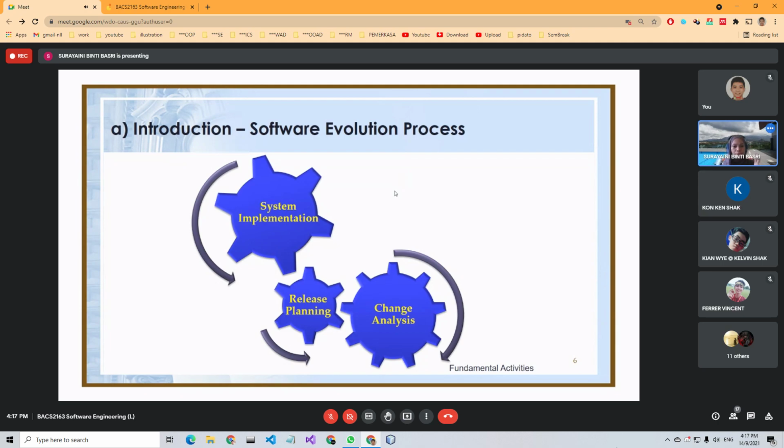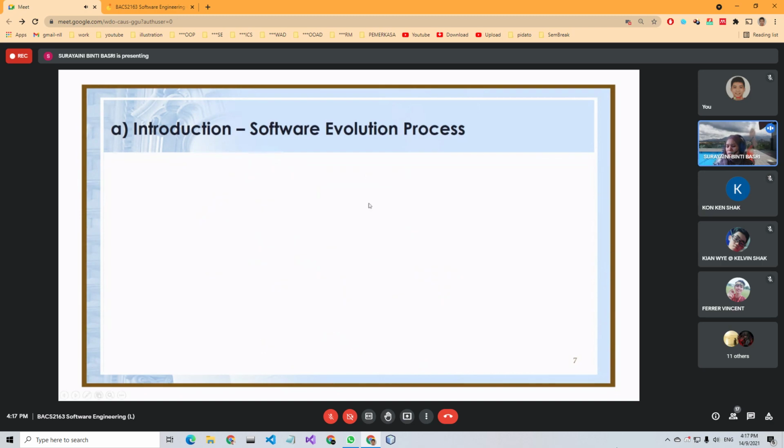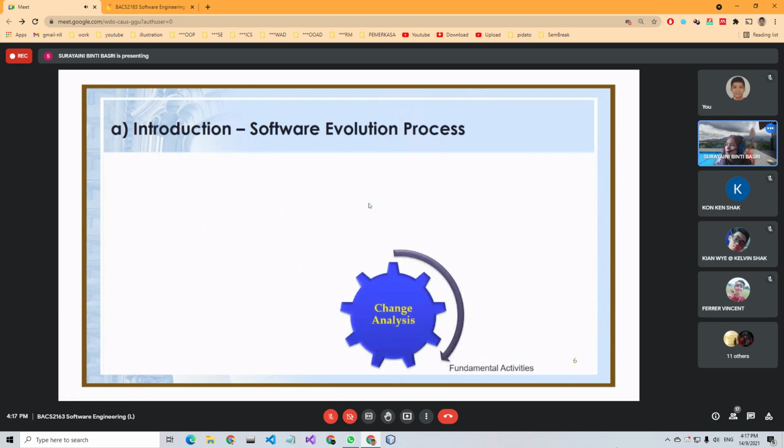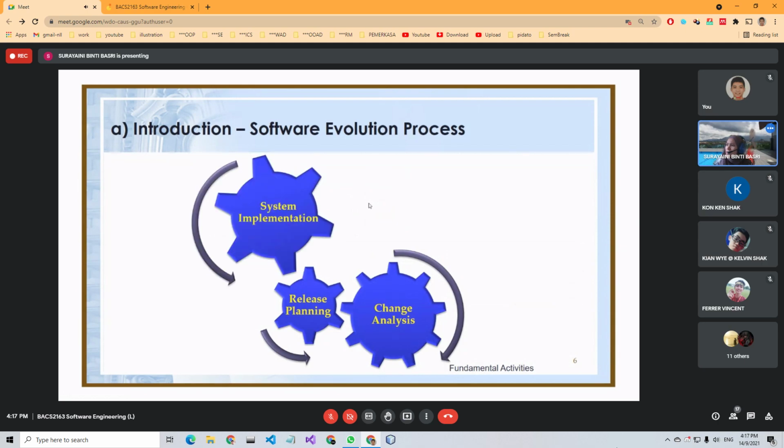So the software development company will need to decide whether to proceed or not. The steps are change analysis, release planning, system implementation, and then system release. They will analyze whether to proceed or not.